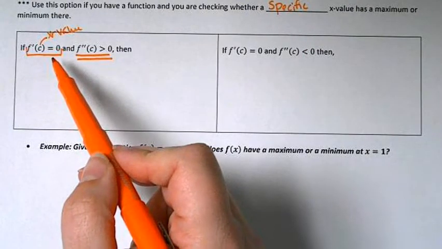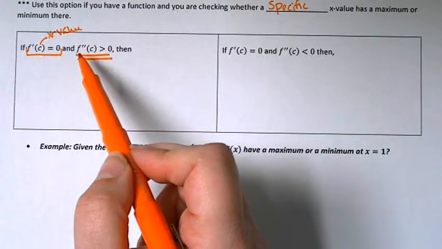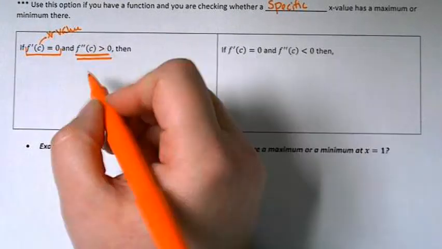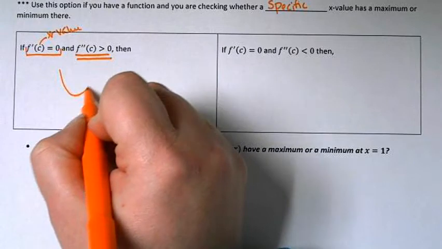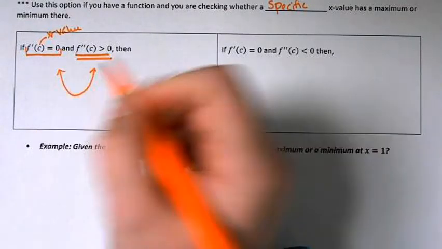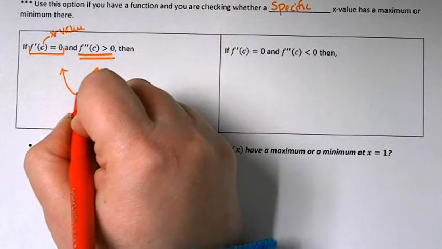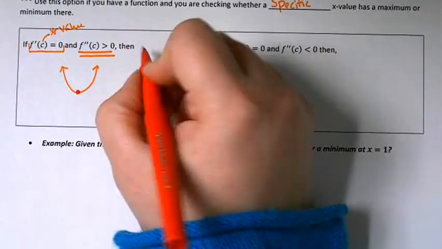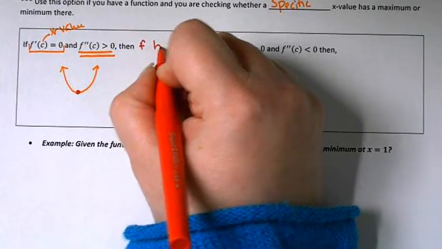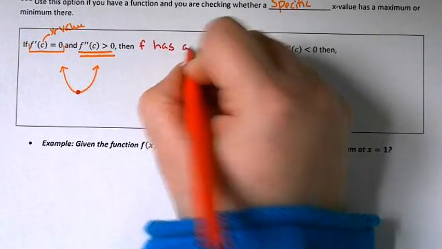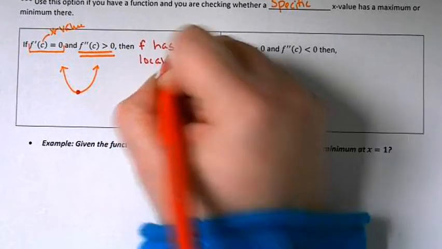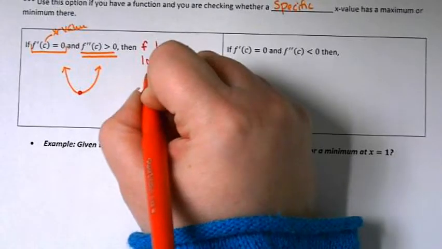If the derivative there is 0 and the second derivative is greater than 0, well, greater than 0 means that this function is concave up. All right, so that must mean then that at that c value, f has a local min at c.